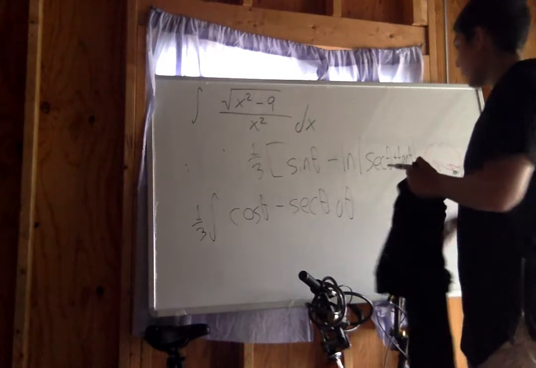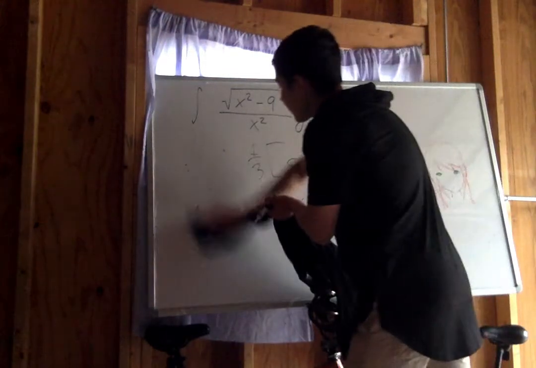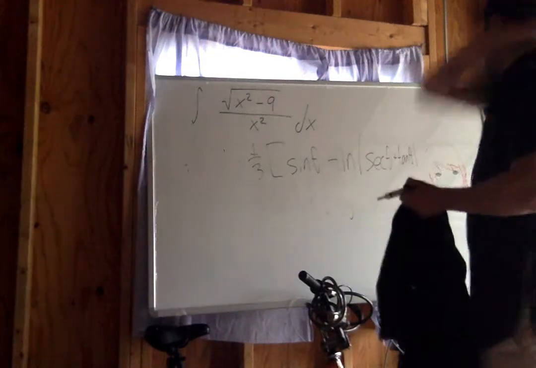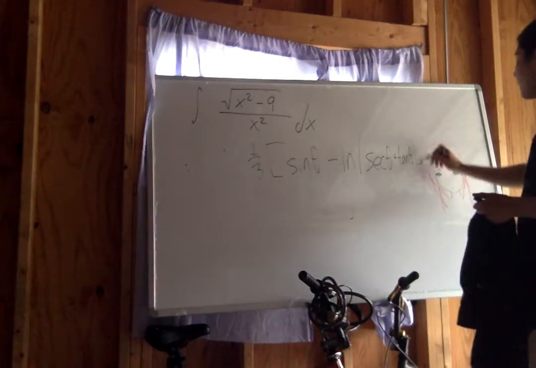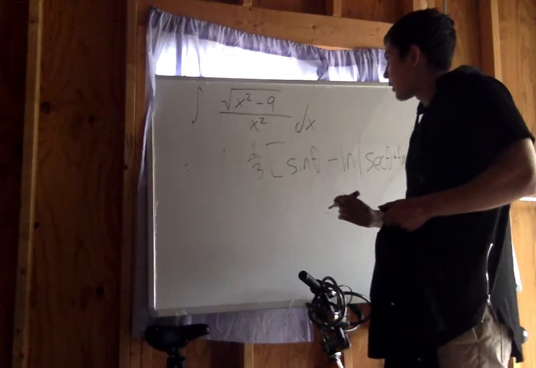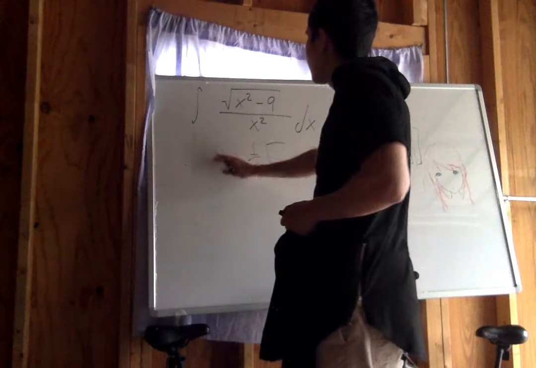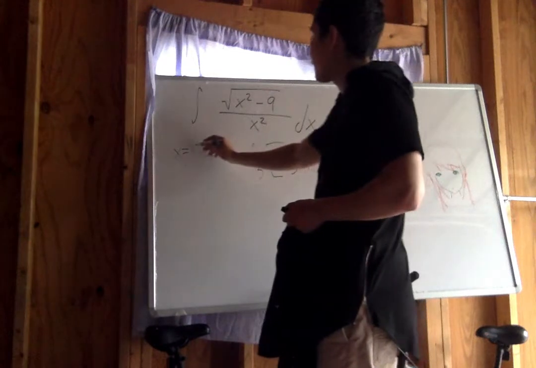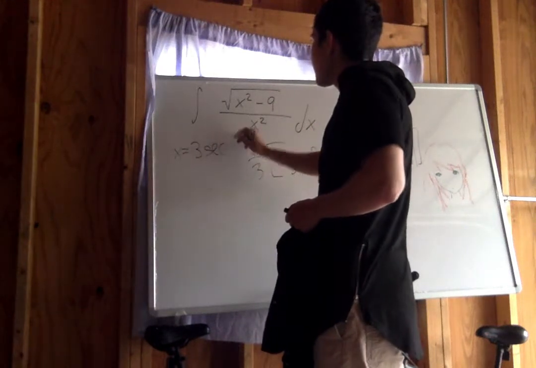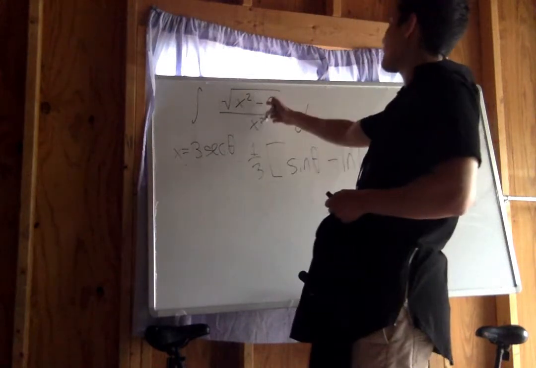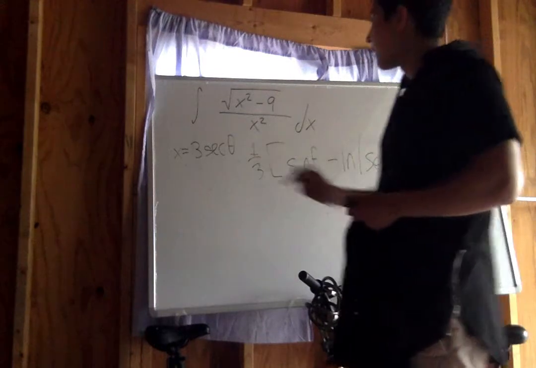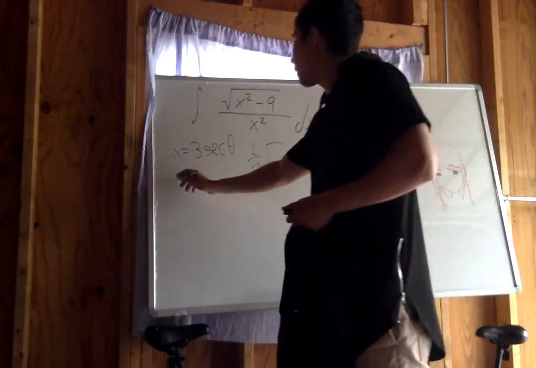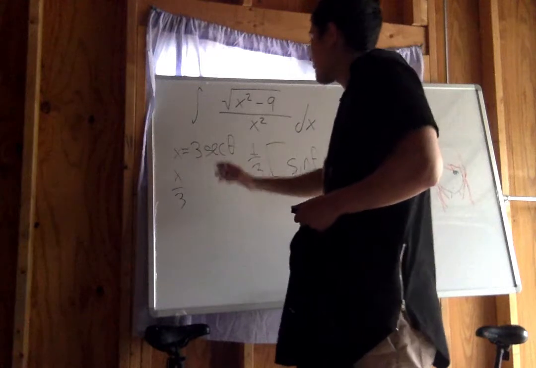And now we could do the replacement, because remember we changed to thetas, but we need to actually have this in terms of x's. So now we have to go back, and we had x equals, remember what we replaced it with was 3 secant of theta. Why was it 3? Because that's the square root of 9. So now we have to use trig stuff.